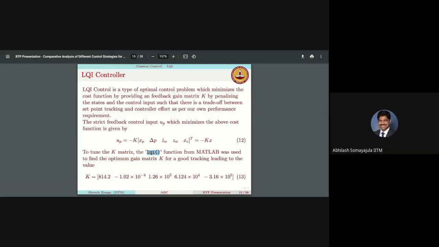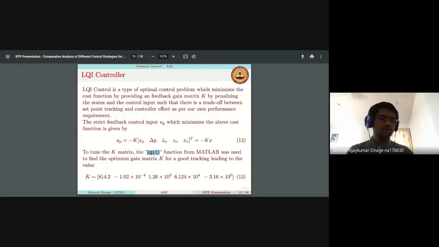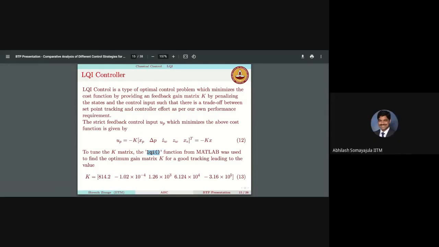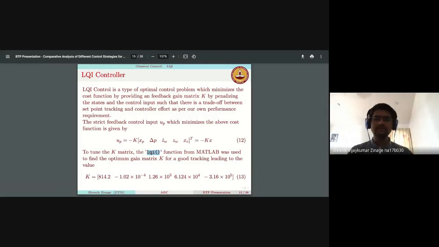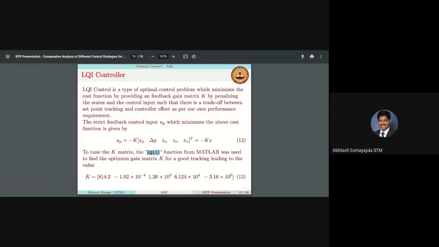Is it infinite both for the control as well as for the state, or is it different for the two? I'm not sure about the control input, but for the state, it's infinite. It's also infinite for the control input. So in essence, you're saying that you want some sort of global optimal behavior, which tries to not only perform well at this step, but for all the future horizons that you're looking at.